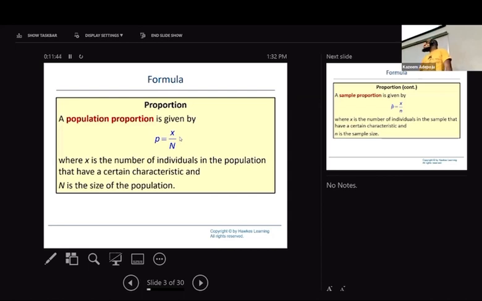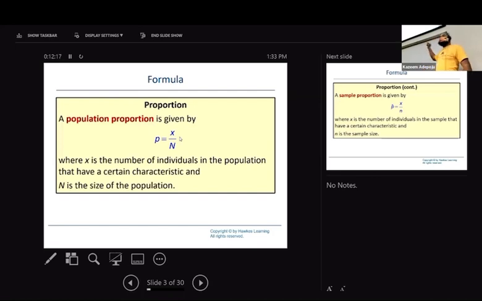Of course, my target population will be all electorate, all eligible voters in that country. All eligible voters in the country, we say, is uppercase N. X will be the number of them that approve the job the president is doing.